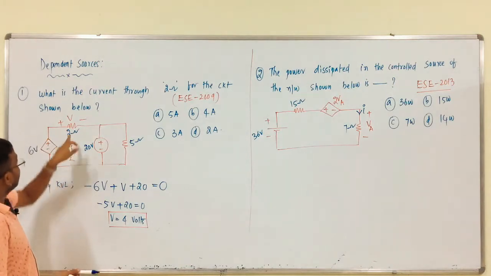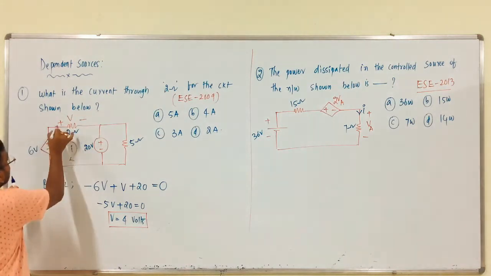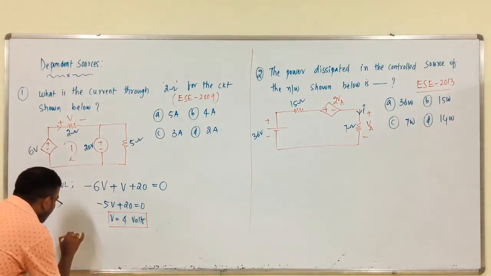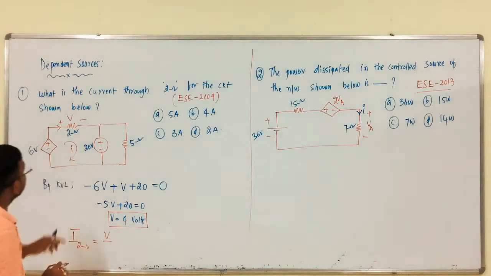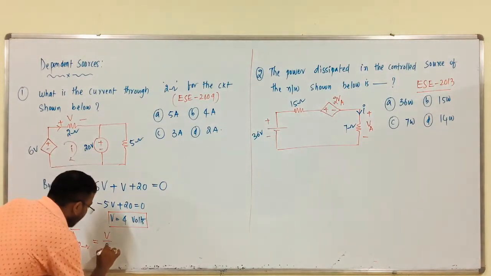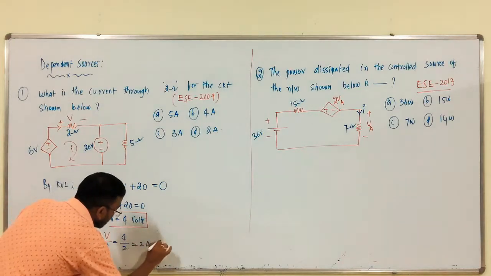Then the current through this 2 ohm branch is V by 2, which is equal to 4 by 2, which is equal to 2 amps.